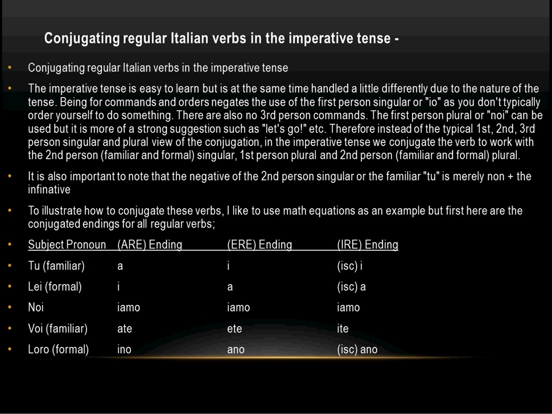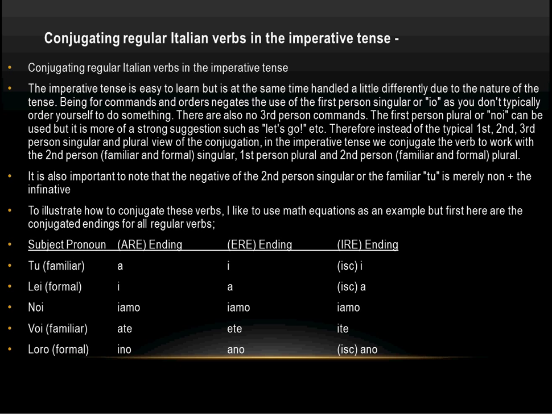Now, if you pay close attention to this conjugation, you'll see that the noi and the voi are just like the present tense for all three conjugations. And when you get to tu, it's just like the present tense for ere and ire. For the are, the tu and lei are reversed.